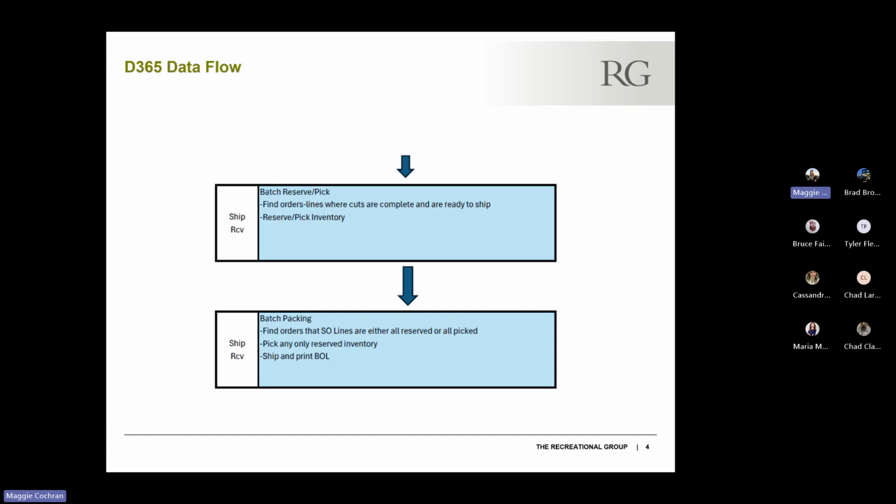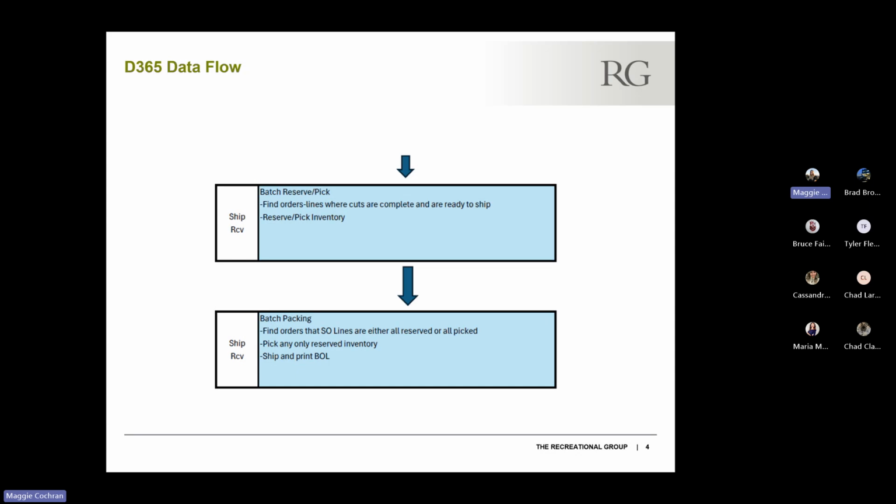It will show you how many of those lines have been reserved or picked. You may have sand picked, but the turf hasn't been cut yet, right? So it will show you I have 2 lines picked out of 3, and then it'll show you at the bottom of each line which ones haven't. So this is basically another indicator of what is ready to ship right now.